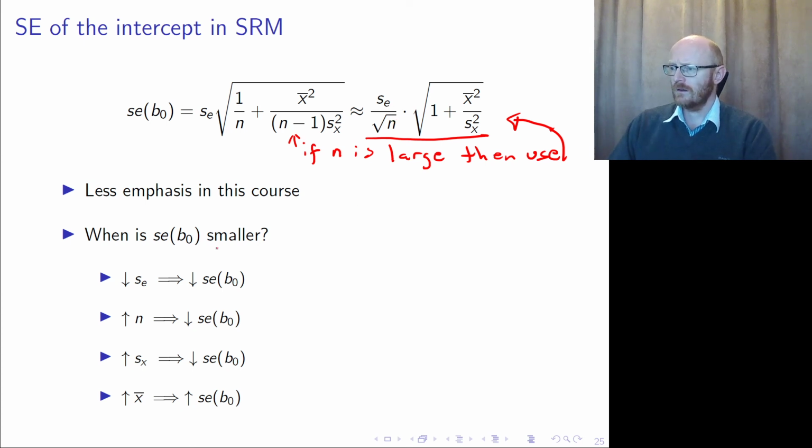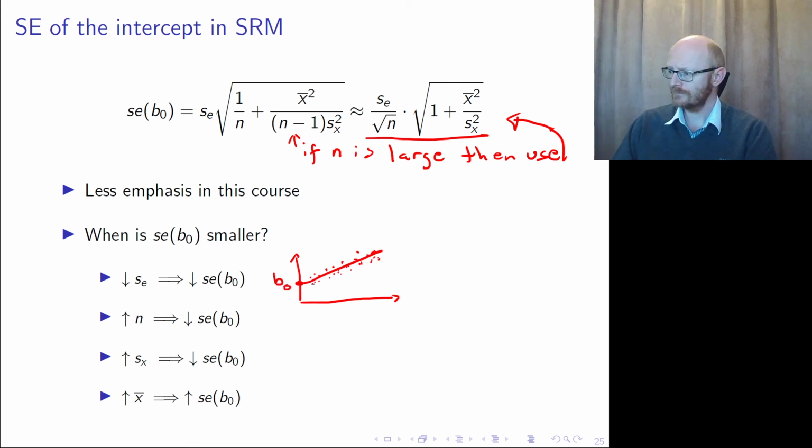Well, if the standard error of the regression, which is the residuals, is lower, then you're more certain about the slope, and if you're more certain about the slope, then you're more certain about the intercept.